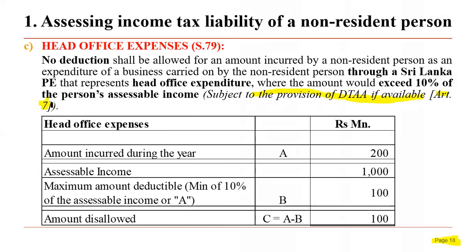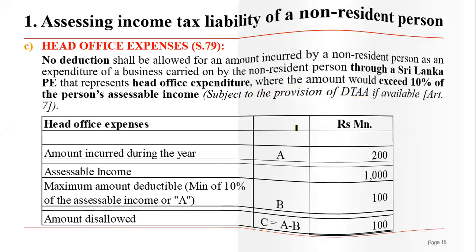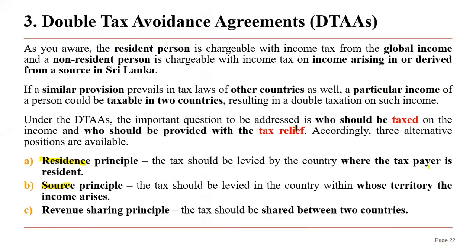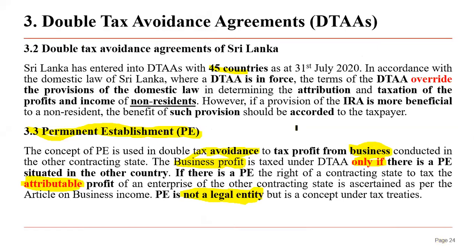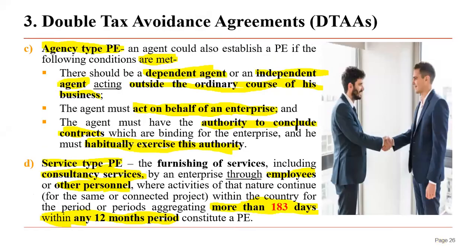In the India Treaty, they are referring to the domestic law, so again we need to go to Section 79. Some DTAs allow it entirely, irrespective of domestic law. In that case, you are not going to do this adjustment; you can entirely deduct the total head office expenses. Hope you got that concept very clearly.